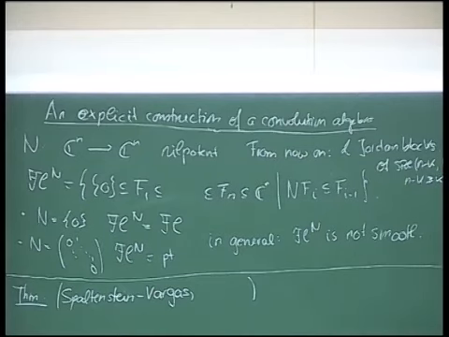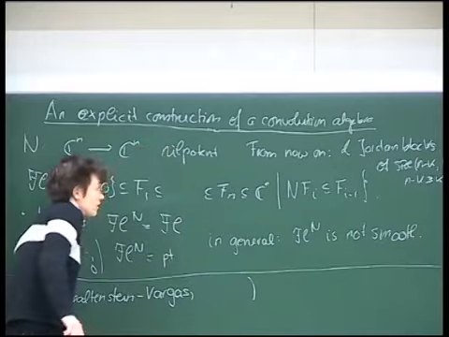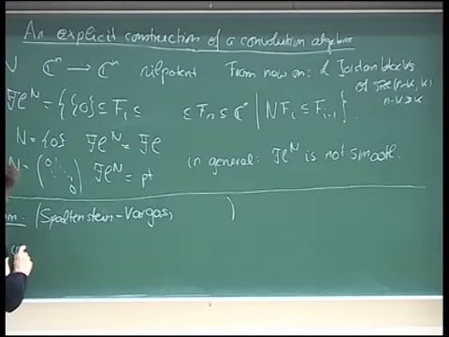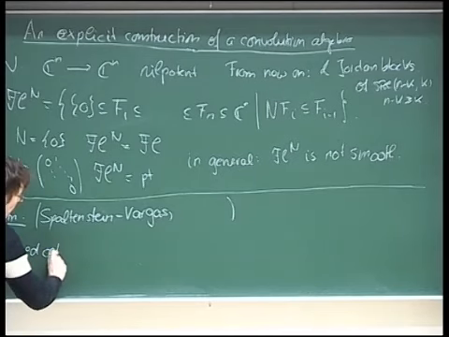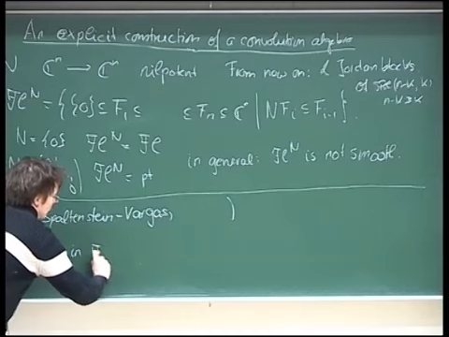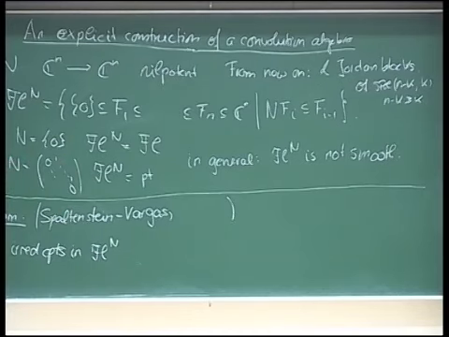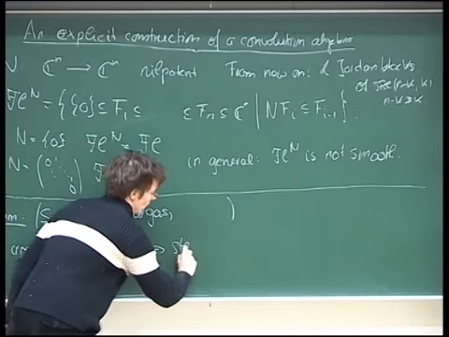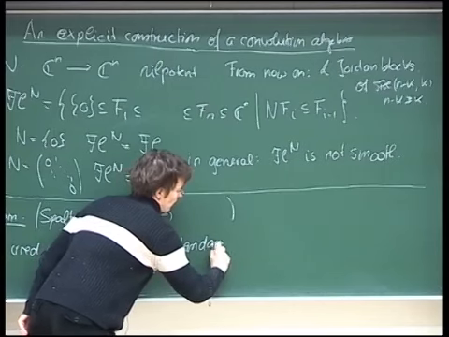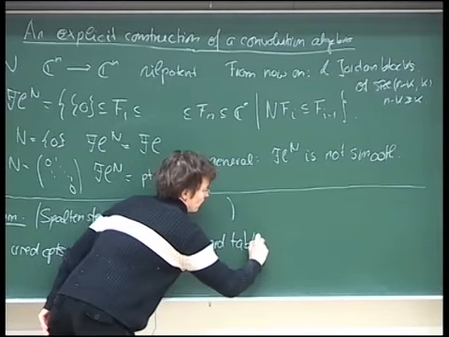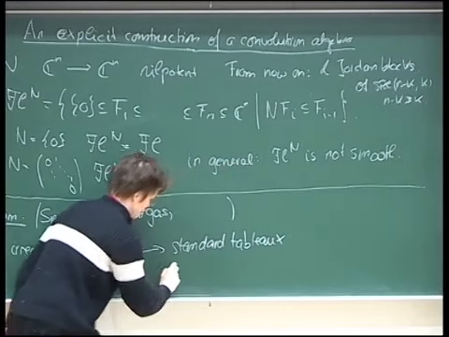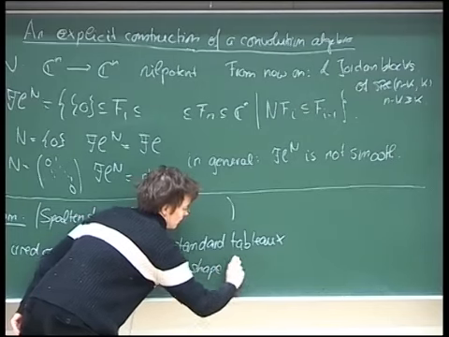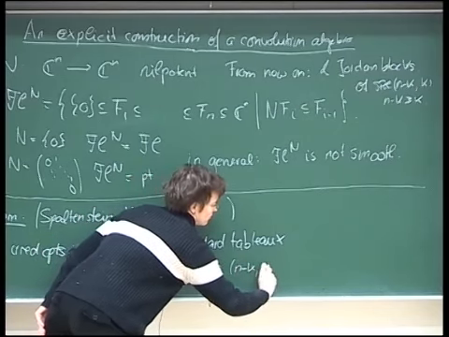So let me assume this. And then let me go back to the theorem. The theorem says that irreducible components in this Springer fiber are indexed by standard tableaux of shape (n-k, k).